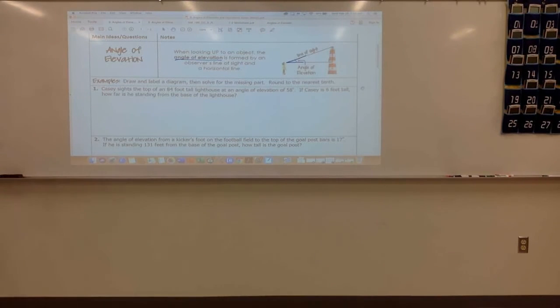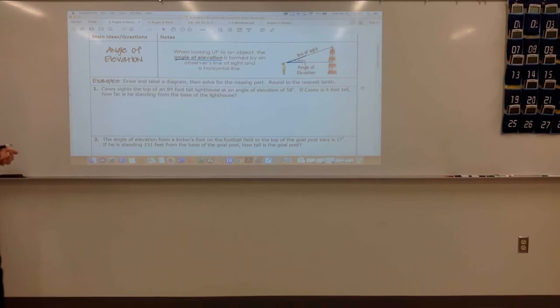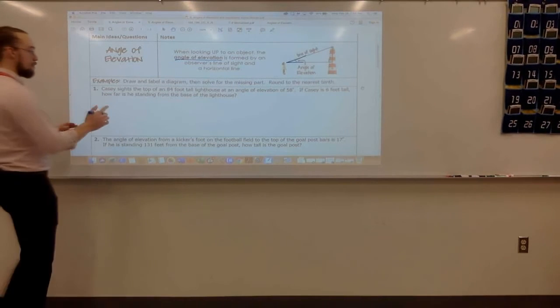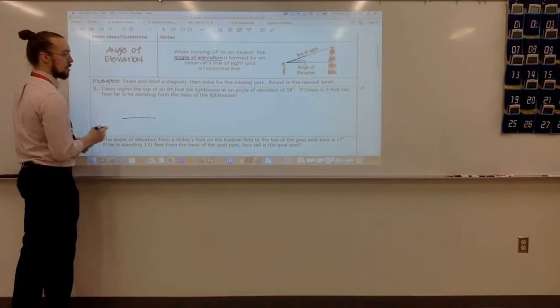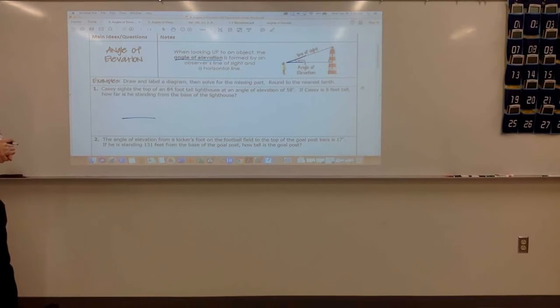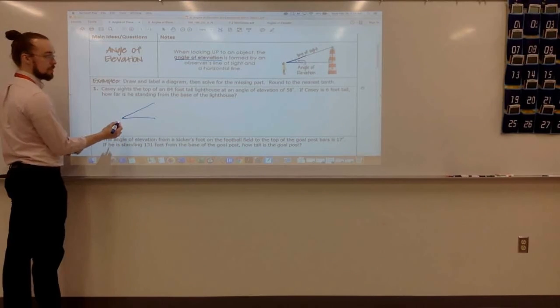Right? So, if we take a look at this first example, it says Casey sights the top of an 84-foot tall lighthouse at an angle of elevation of 58 degrees. Casey is 6 feet tall. How far is he standing from the base of the lighthouse? Okay, so in this problem, it says that the angle of elevation from Casey is 58 degrees.